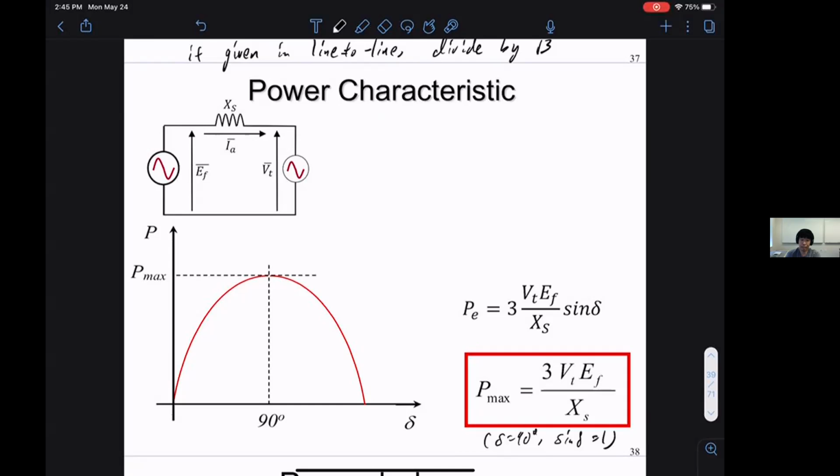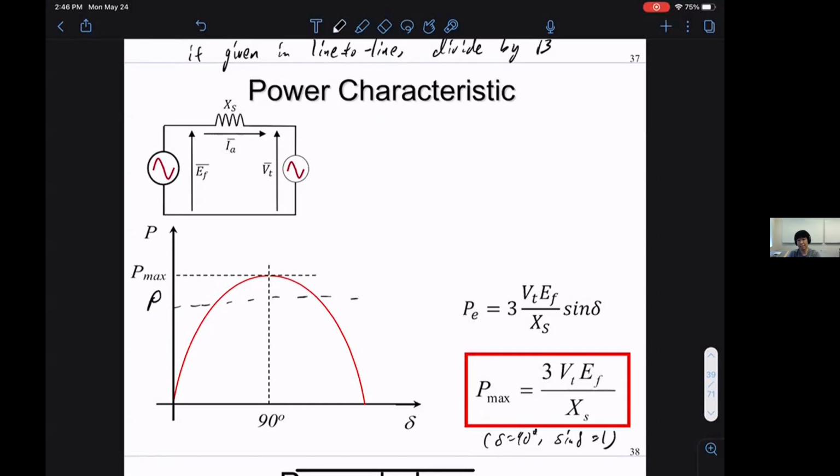Okay, so if you look at this equation, there is immediately a question. From the grid perspective, the grid often says, I want some power. Of course, you cannot ask for more than the maximum power I can deliver. But let's say the grid wants some power, let's say here. This is the power required by the grid.